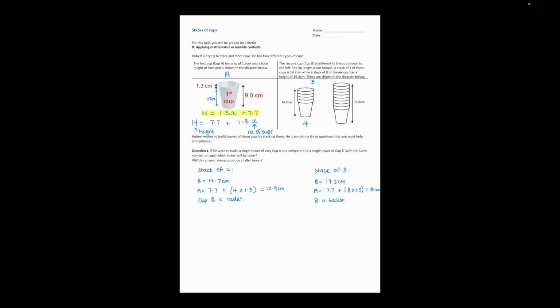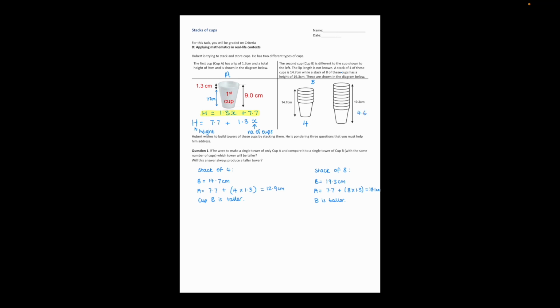So I'm going to try and come up with an equation in the same way for cup B. Now for cup B, so far all I know is the total height of a stack of 4 and the total height of a stack of 8. So I'm going to subtract those two, and if I subtract 14.7 from 19.3, then I find that the difference here is 4.6.